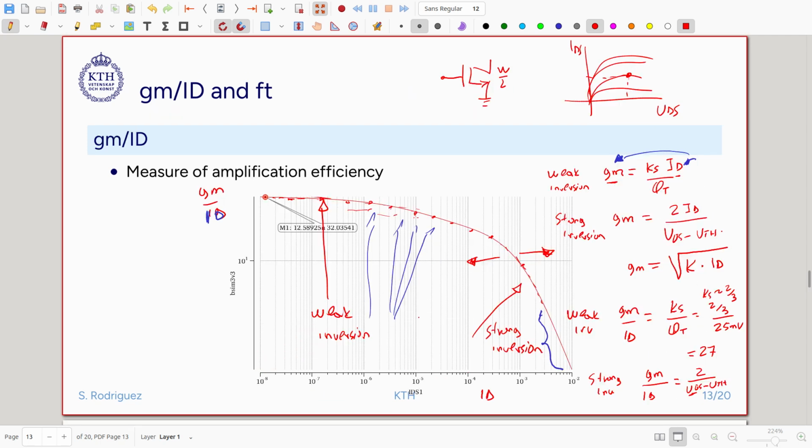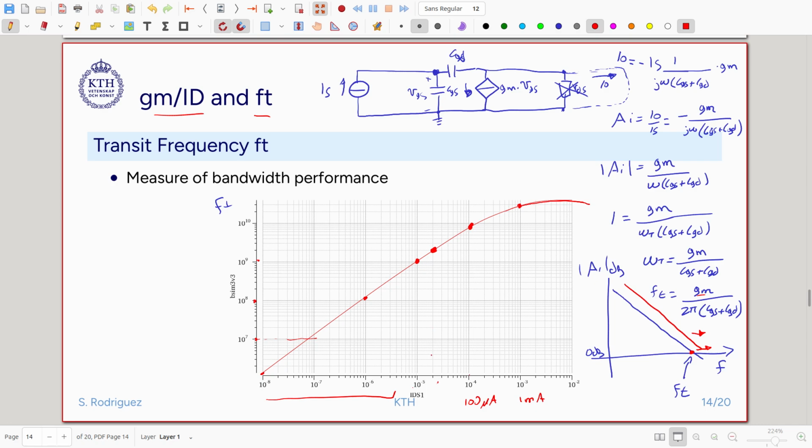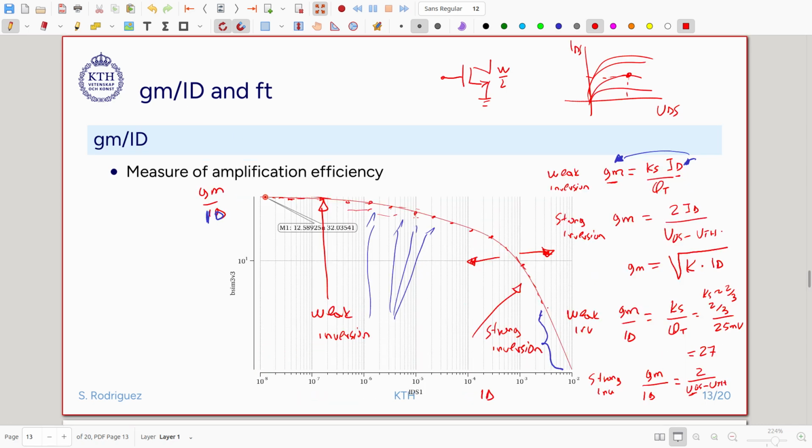So what we will normally do is to try to select the size of the transistor and the bias of the transistor that accomplish requirements on FT for our application, and that puts our point of operation somewhere above the strong inversion.